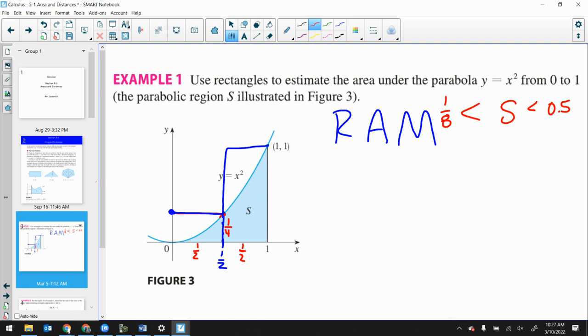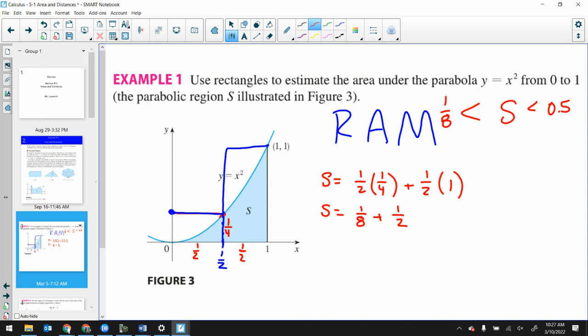So this is 1/2 times 1/4, plus, well, what's this big rectangle? What's my length? What's my full height? 1. Okay, so S is going to be equal to 1/8 plus 1/2.